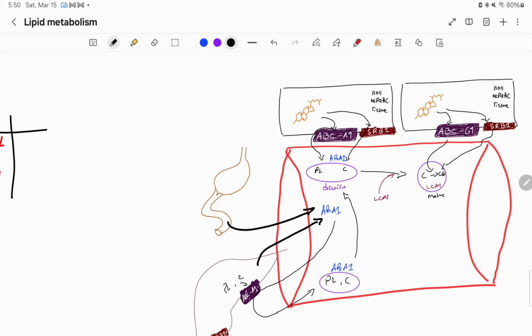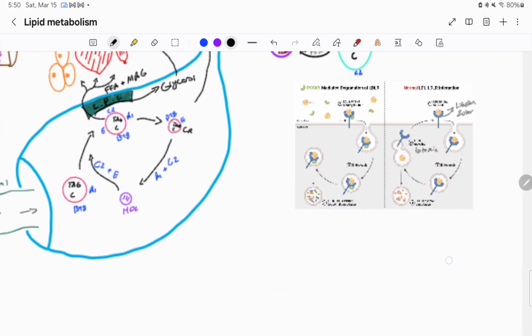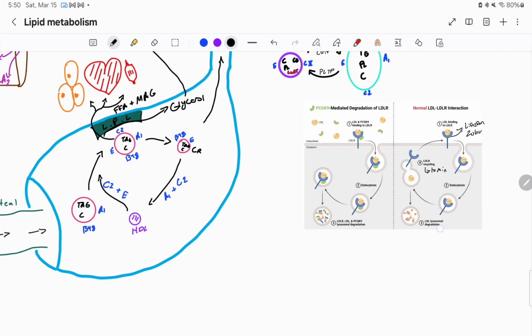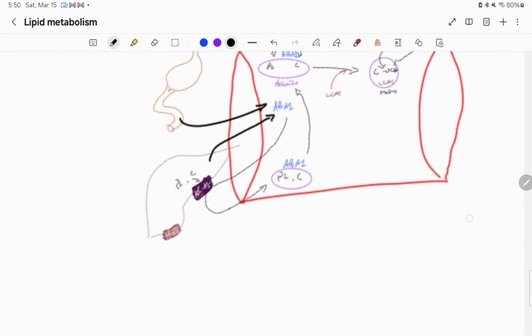And what will now happen is that this HDL molecule in the circulation might come into contact with some VLDLs and LDLs like we talked about here, and it'll use this cholesterol ester transfer protein to transfer some of the cholesterol esters it has to these guys. So like I said, it has more space for cholesterol.